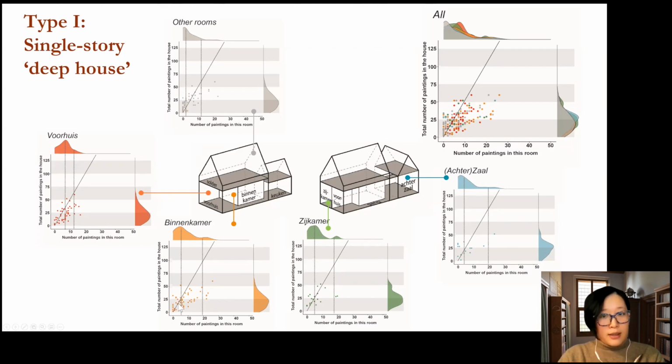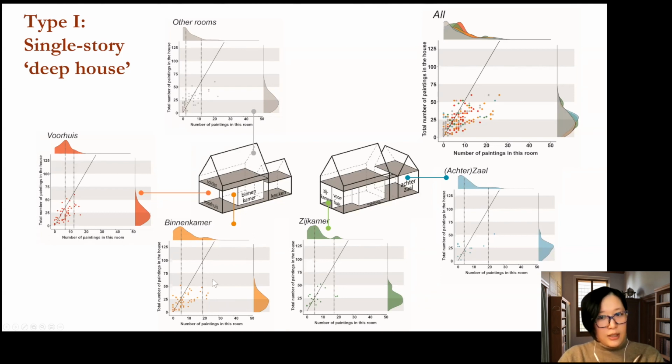In comparison, in the Binnenkammer behind it, the graph shows a broader range of 50th percentile and 90th percentile, and also from the histogram, a longer tail.